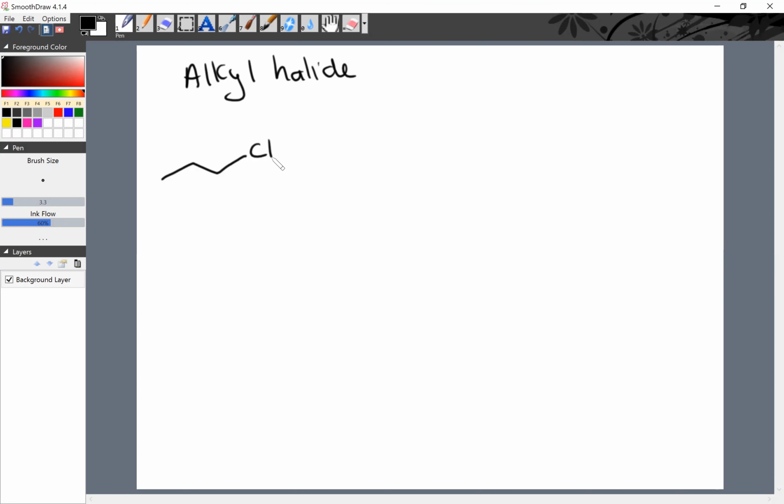Okay, that's a primary alkyl halide. And I am going to use lithium aluminum hydride or sodium borohydride. The key here is when you see that, you really should be visualizing this, okay? And technically there's four of them, but that's what you should see.